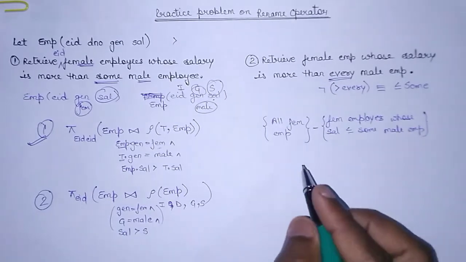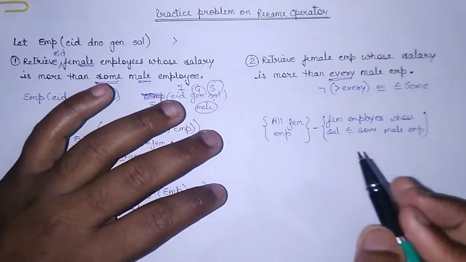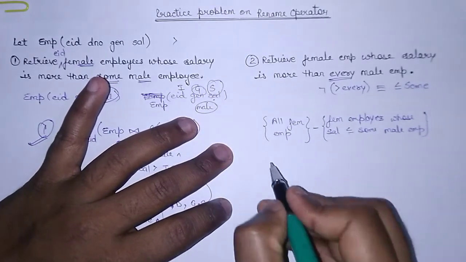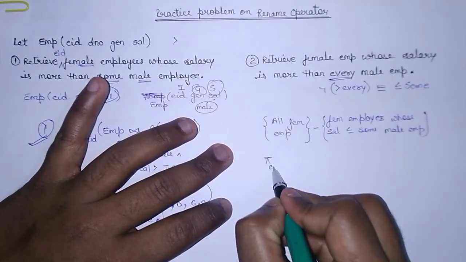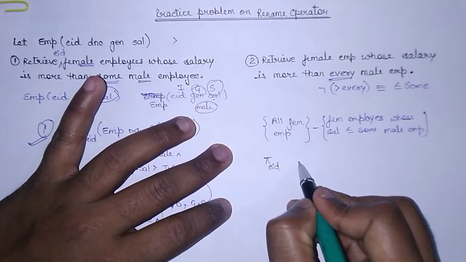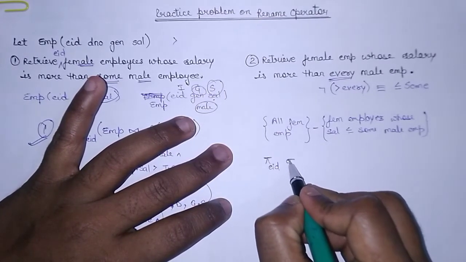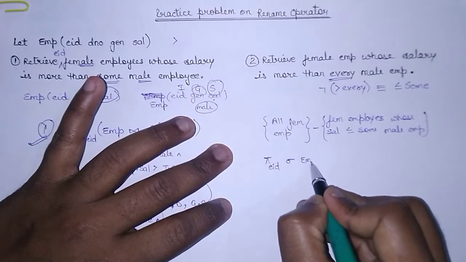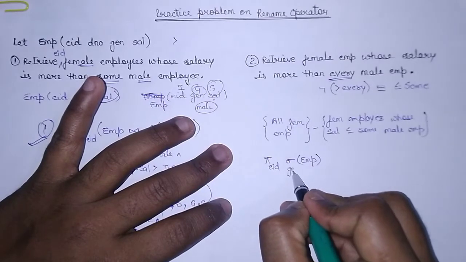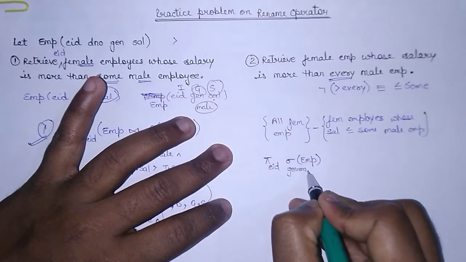Now let's try to formulate the query. How can we formulate the query? We have to select all female employee IDs. So we have to project the employee ID from the employee table where the gender is equal to female.